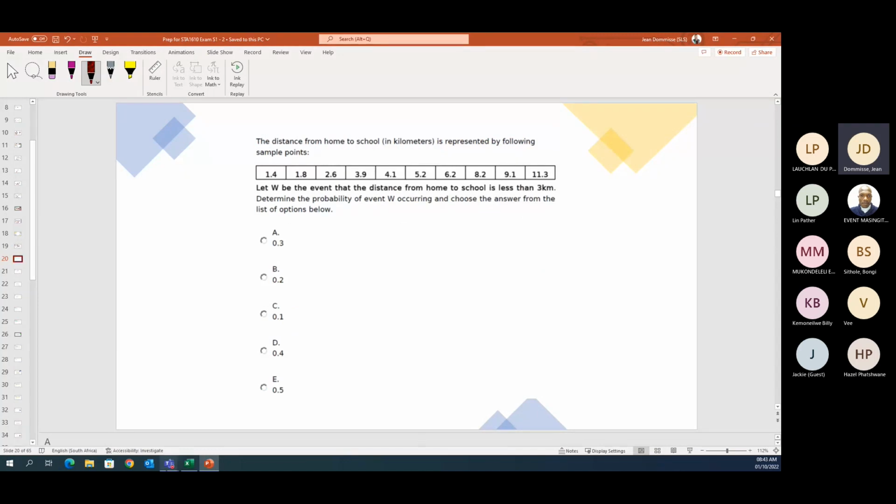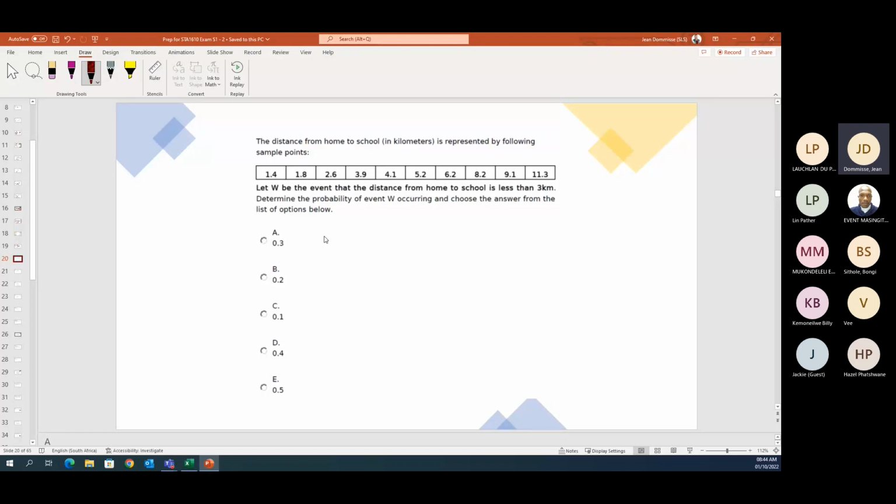Okay, so now we get a bit into probabilities. And you will see there's, I think, 2 or 3 like this, where some of it is merely that we need to work out the probability. Some will ask us to work out expected values. Some will ask us to work out something different.